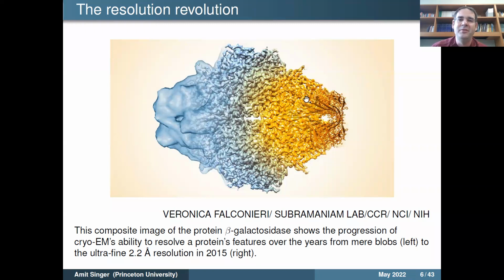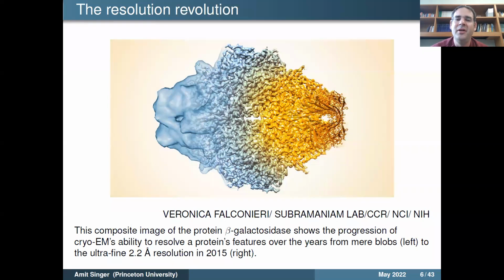Nowadays, this picture is moving from left to right, and this could be like the axis of time, but it's actually just one molecule called beta-gal. On the right, you see that in 2015, people already got 2 angstrom resolution, near atomic scale resolution.